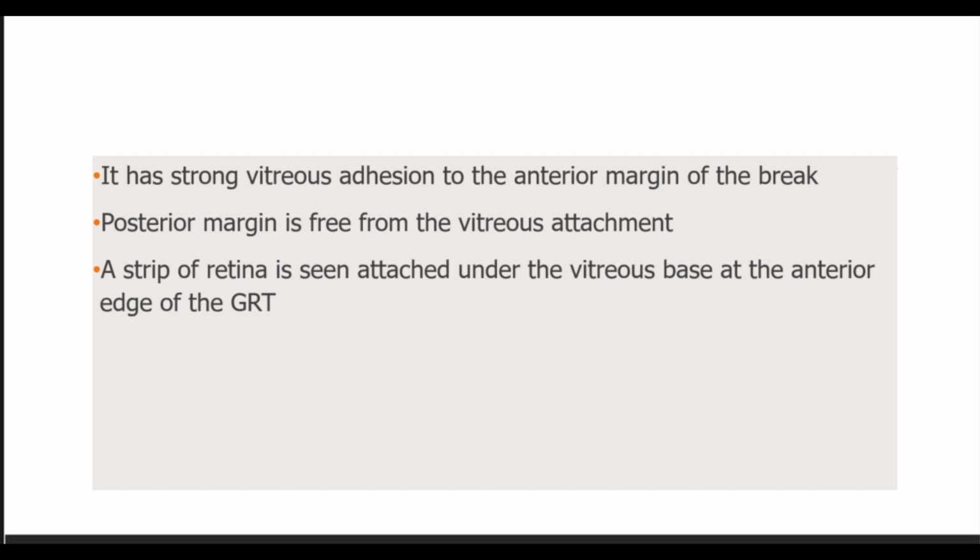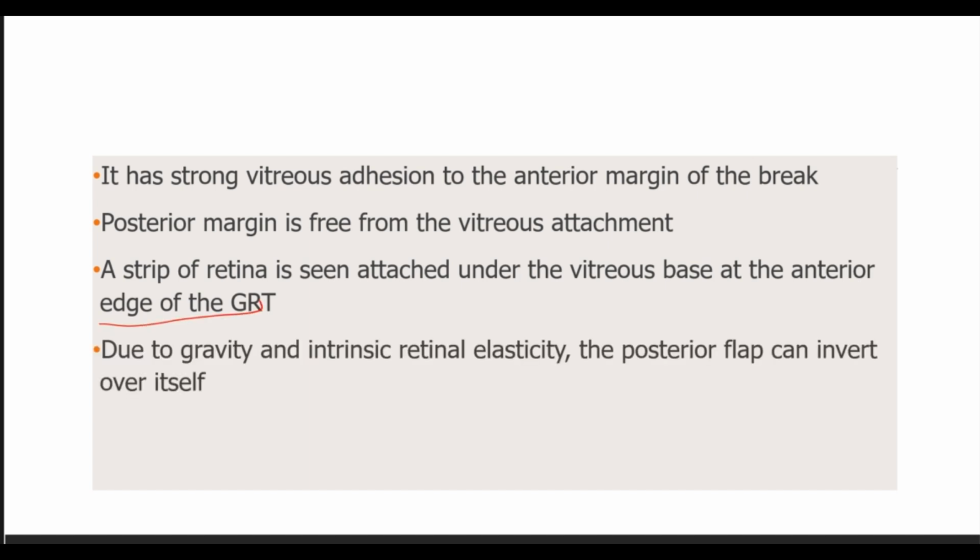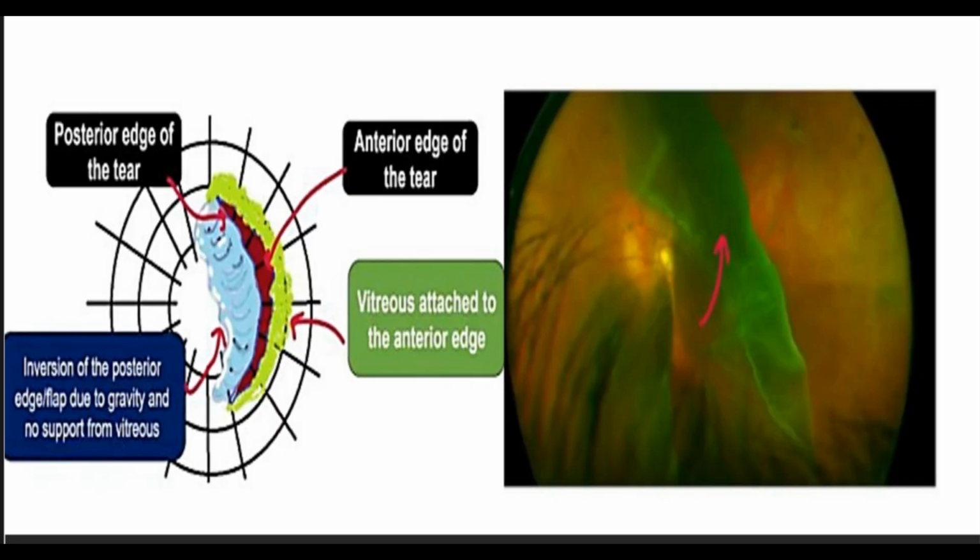And a strip of retina is going to be seen attached under the vitreous plate at the anterior edge of the GRT. Now, because the posterior margin of the GRT does not have any vitreous attachment, due to gravity and because of the retinal elasticity, the posterior flap can actually flip on itself or invert on itself.